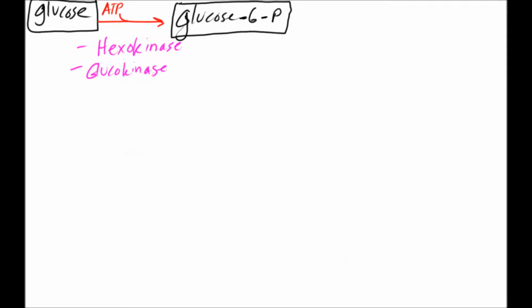What do we need to do? Well, we need to modify it here to make it useful. We've invested some energy, but hopefully we'll get some more energy out down the road. So right now, we're going to use another enzyme called isomerase to change this glucose 6-phosphate simply into a fructose 6-phosphate.